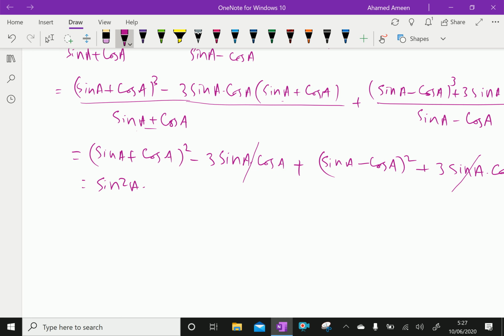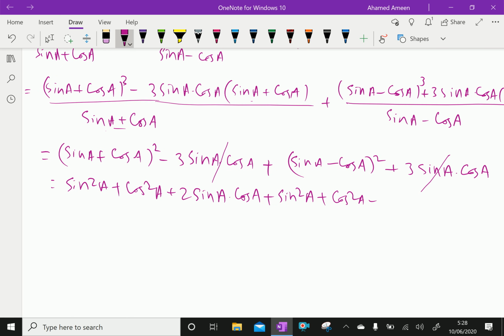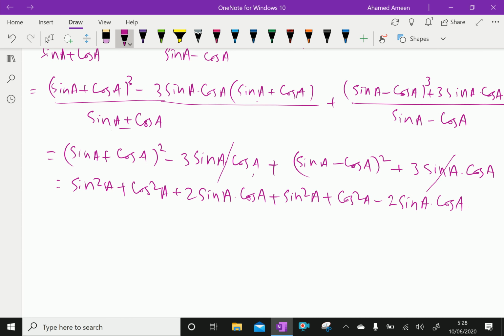Now look at here, we can expand this one. Sin squared A plus cos squared A plus 2 sin A cos A. Here sin A minus cos A whole square is sin squared A plus cos squared A minus 2 sin A into cos A. Here plus 2 sin A cos A cut minus 2 sin A cos A cut.